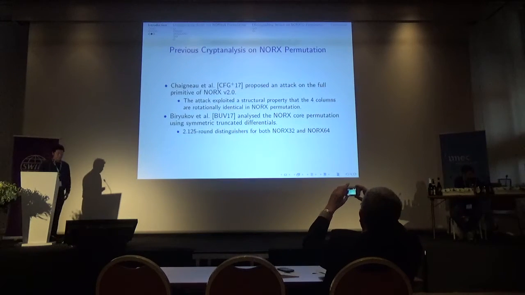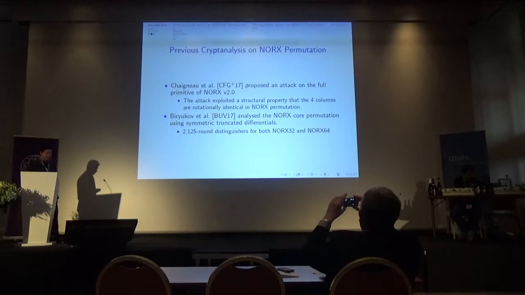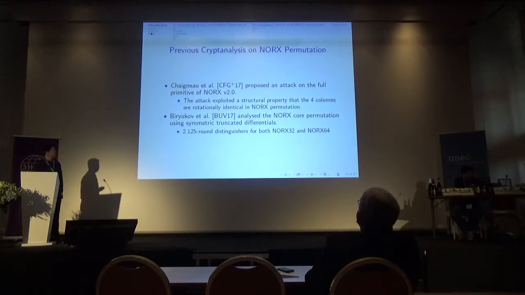Then Chernov et al. proposed an attack on the full primitive NORX 32 in last year's FSE. This is a very interesting attack. It uses the structural property of the NORX round function, that it is actually rotationally identical for each column.